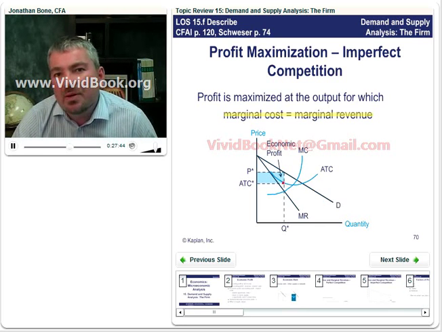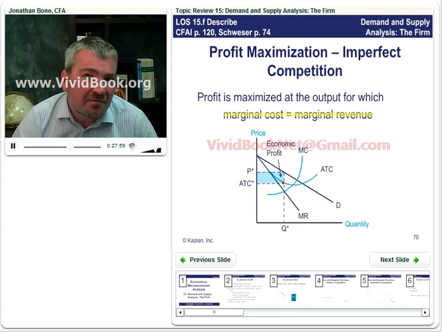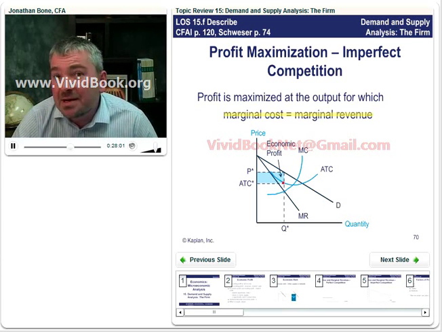So our little blue shaded box there again represents economic profit. It represents the difference between total revenue, quantity times price, and total cost, quantity times average total cost per unit. So this firm is making an economic profit. And in imperfect competition, it's possible, if you're close to monopoly, that that may be sustained for some time.